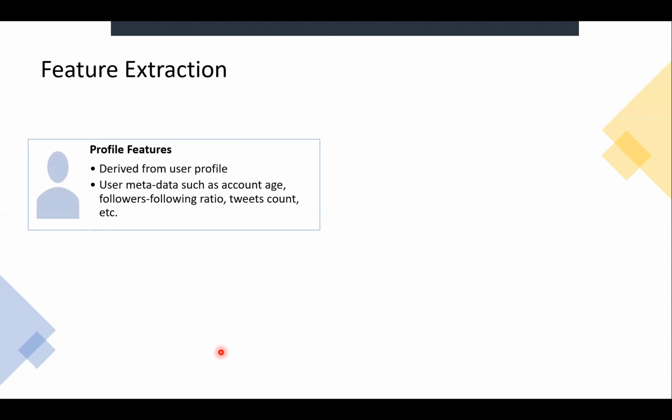So these are the features that we have extracted from each user profile. There are 4 different feature categories. The first feature category is profile features, and these features describe the user profile information, such as the account age, the number of tweets that they have shared, and the ratio of the followers to following.